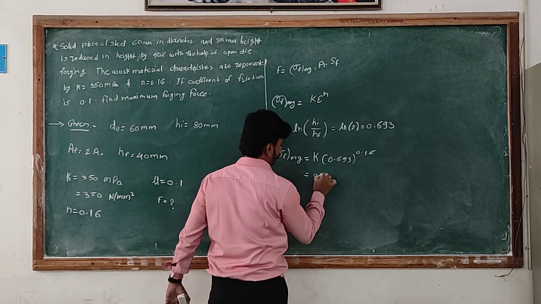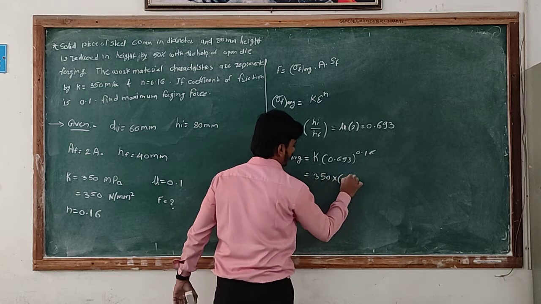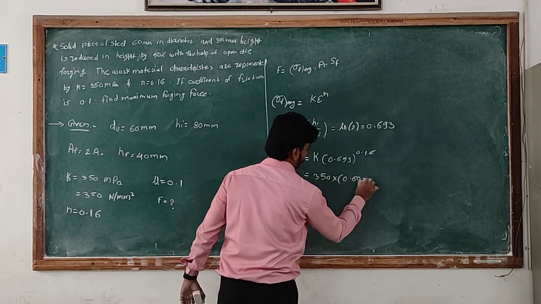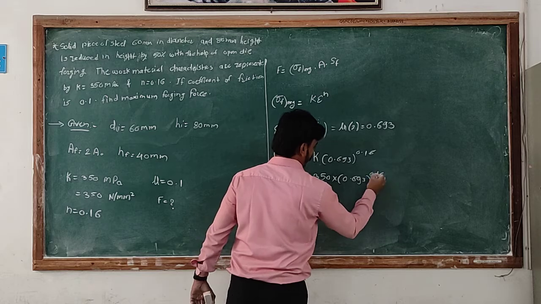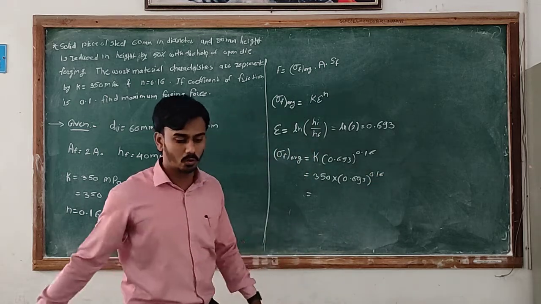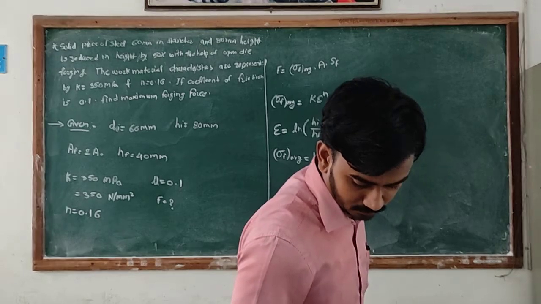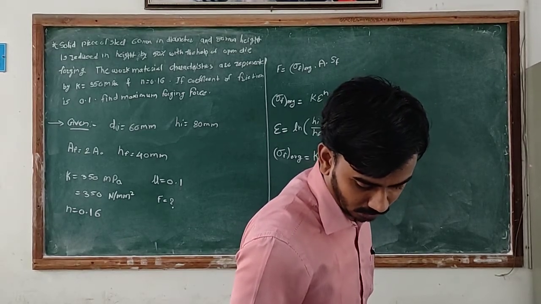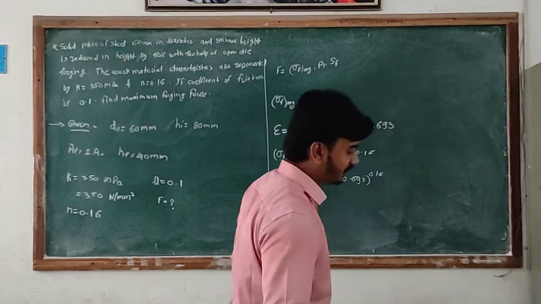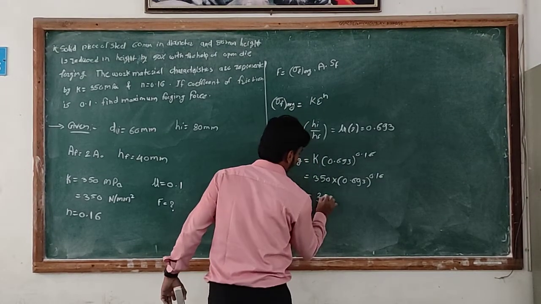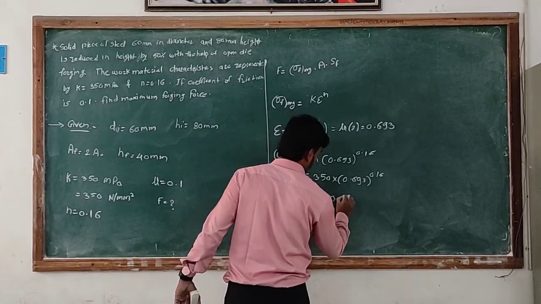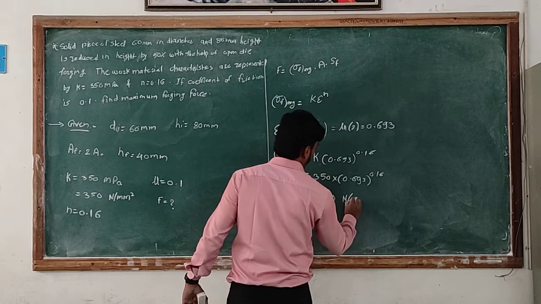K is 350 into 0.693 raised to 0.16, and the result is approximately 330 Newton per mm square.